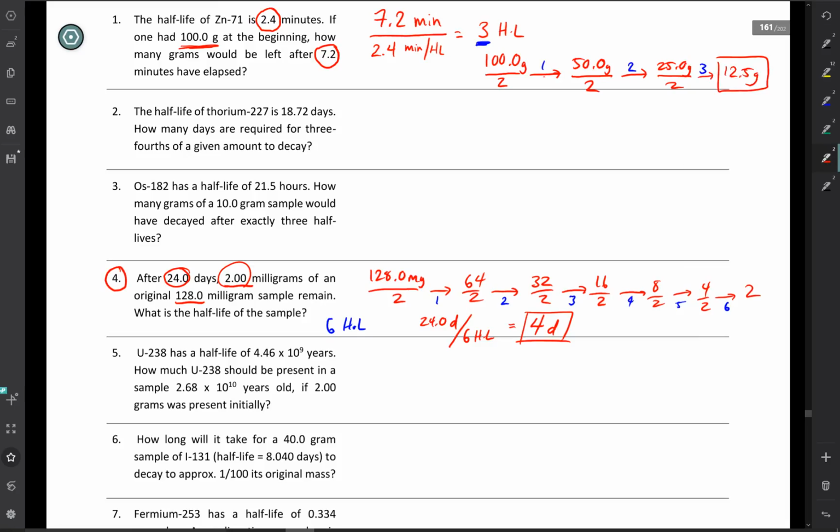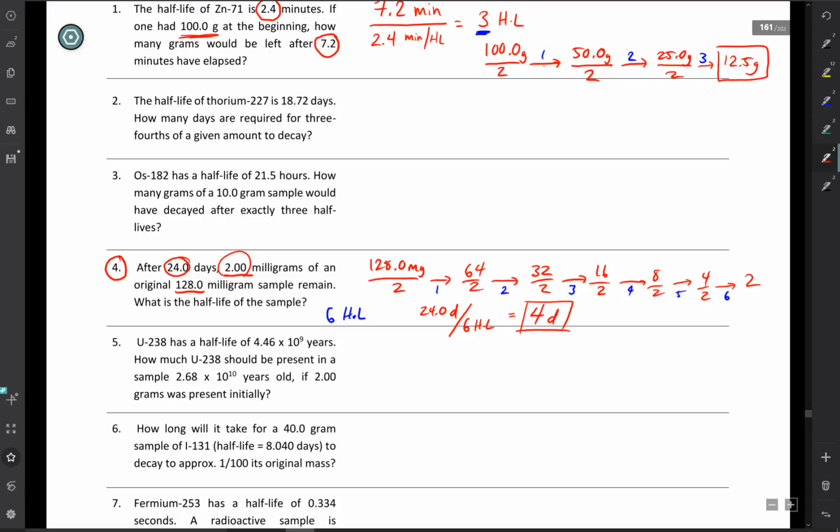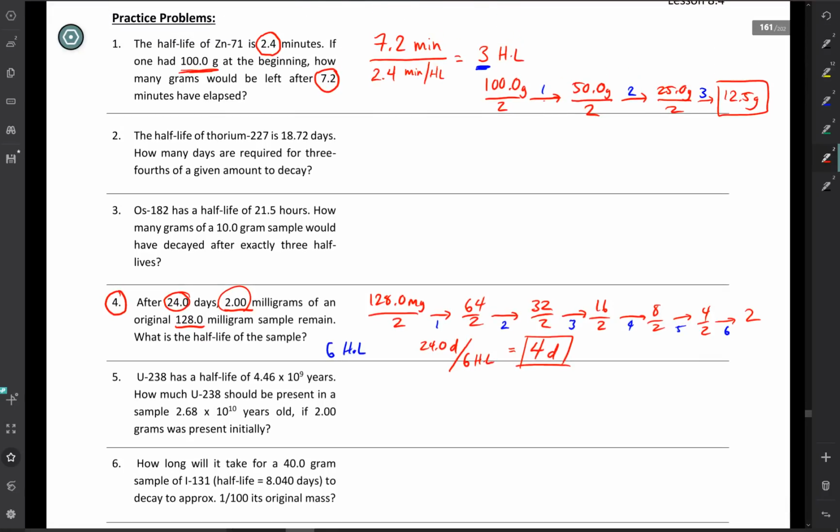This technique of just dividing by 2 is going to work pretty much every single time as long as you're careful with your math. I know I've alluded to it a couple of times now, but some of your classmates might be able to do this in a more mathematically elegant way. If you don't feel comfortable doing that, there is no shame in dividing by 2 repeatedly. I will admit it, this is the way I tend to do it myself, especially because you don't really need to get into exponential relationships to solve the type of questions we're going to see here.